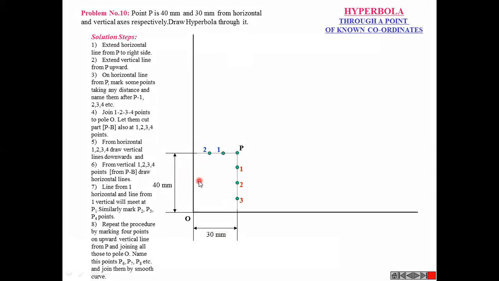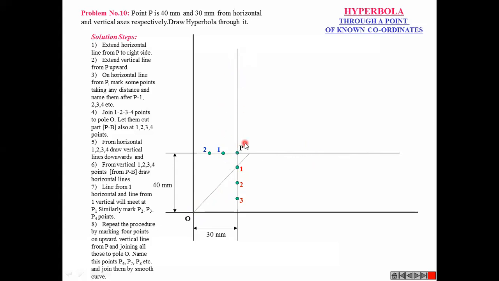Now what will we do? We will extend the horizontal and vertical lines from P. Now from this origin, we will draw lines joining these points 1, 2 and 3 on this vertical line and 1 and 2 on this horizontal line, extended up to the extended vertical and horizontal lines starting from P. Are you getting me?